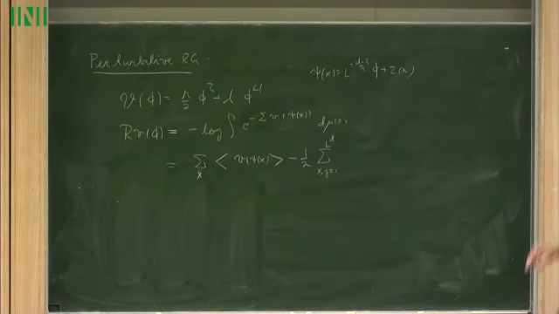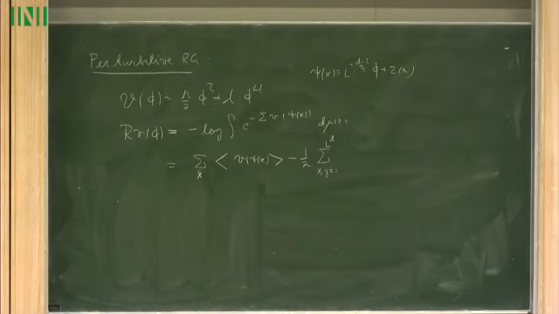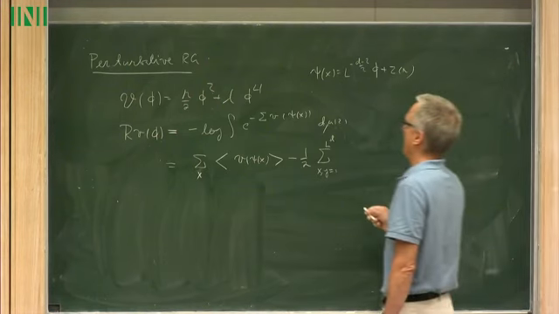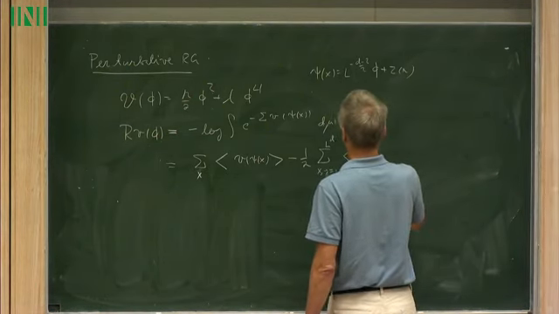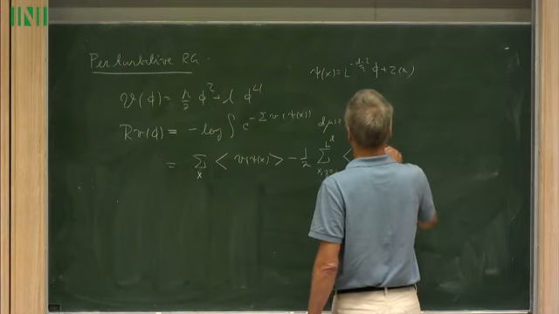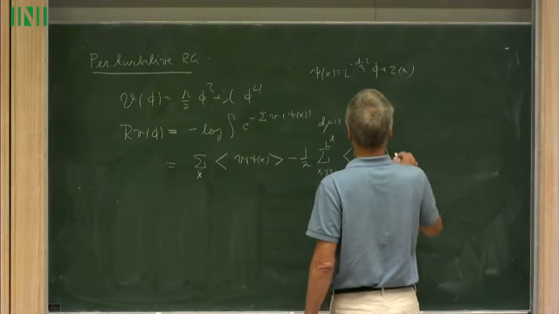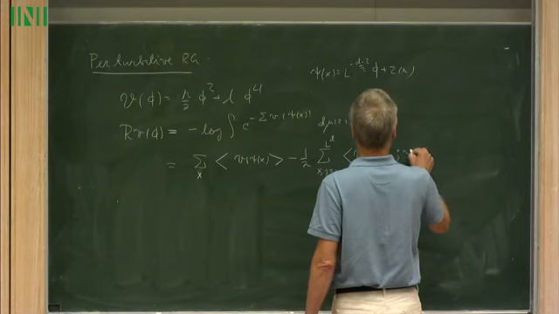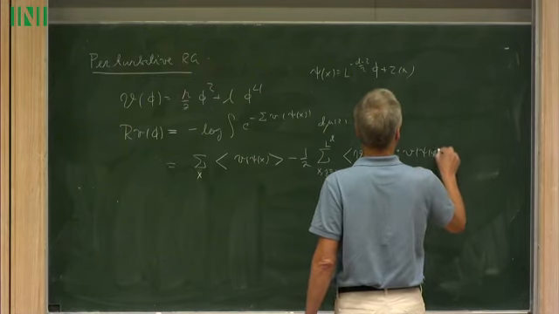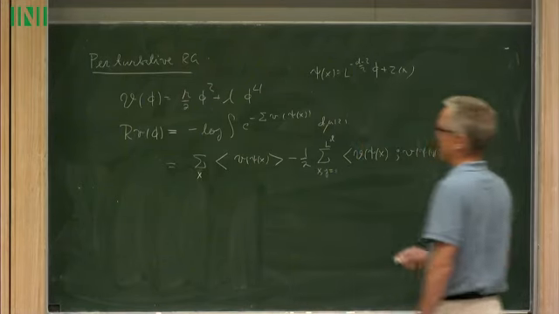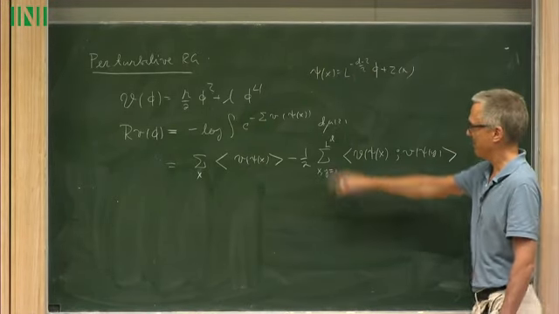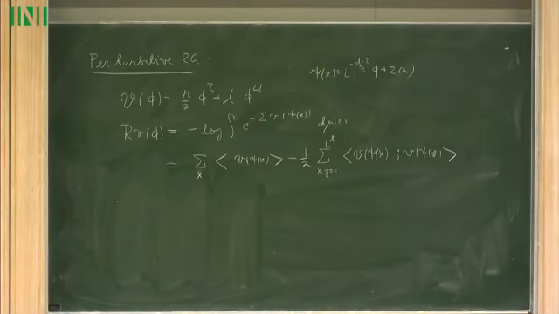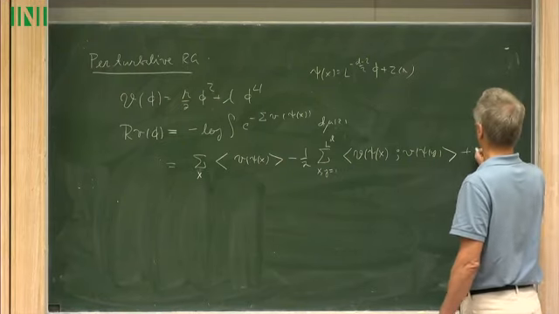Let me label the points in the block by that. And then I get the truncated expectation of v of psi of x, semicolon v of psi of y. It's exactly like we had before, except that we have just the finite sum here now. And then the rest is order v cubed.